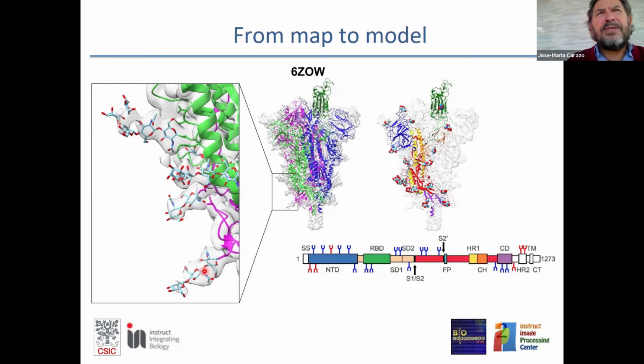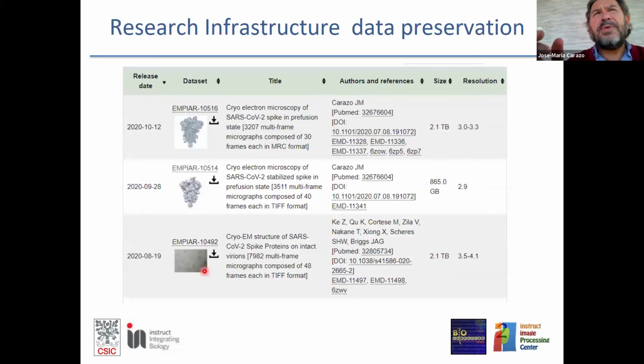Thank you, Marta. So just finishing, really talking on infrastructures, we have this history of a tradition of databases, and we have one to have the raw data of our analysis so other people could work on them, as we have done with these micrographs.